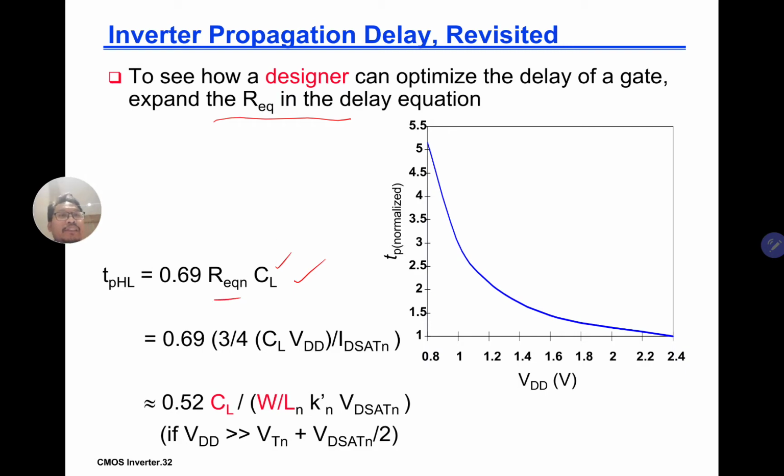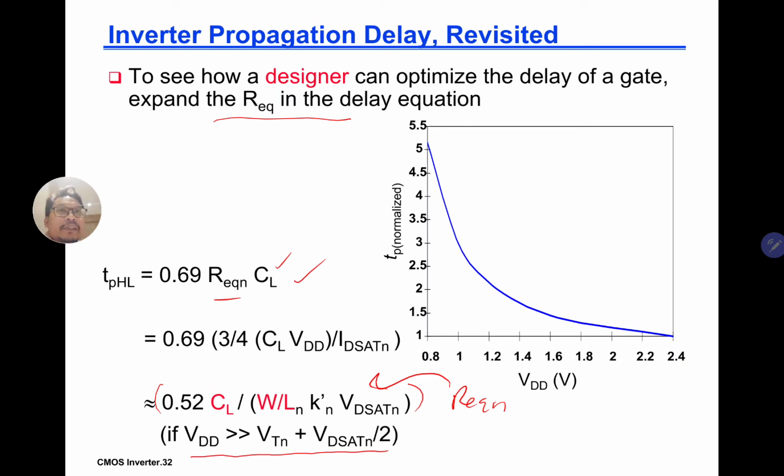Okay, so Req. So here they analyze that in the case that VDD is much larger than VTN plus VDSATn divided by 2, then we can simplify the high to low propagation delay as this. And from here actually you can get your Req n.